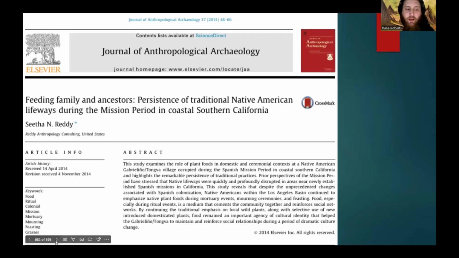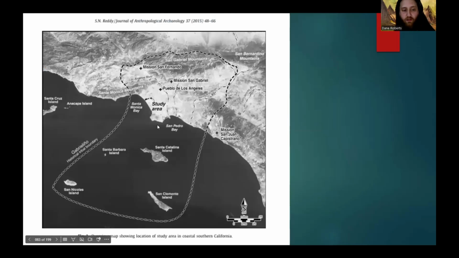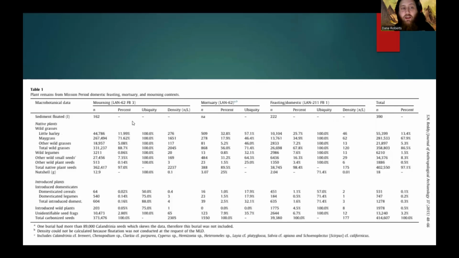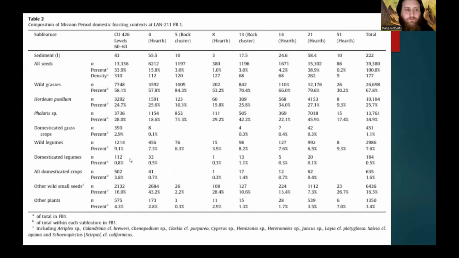And so, what Reddy did is they looked at this area around here, around San Pedro Bay and Santa Monica Bay and surrounding islands, and looked at various mission sites. In doing this, they found archaeological remains of a variety of native indigenous food sources, specifically wild grasses such as little barley, maygrass, and other wild grasses, wild legumes, and other small native plant seeds.